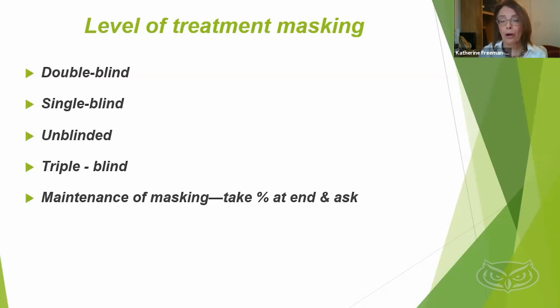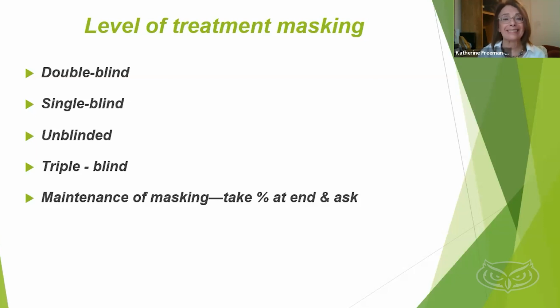Certainly in surgical trials, you may have a sham procedure, but even then somebody's going to know what incision they're imposing. And a triple-blind trial is where that third person that's blinded is really the evaluator.